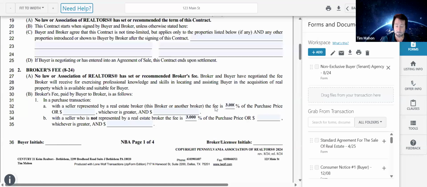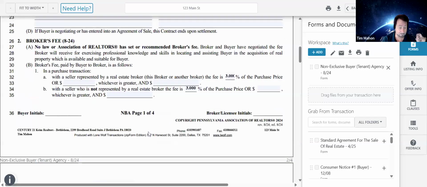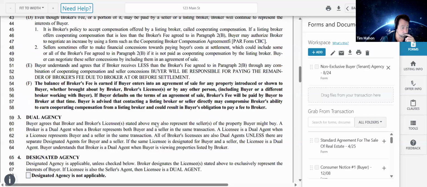Either way, I find it better to do it this way because you're kind of protected from both sides. Okay. I have seen agents, by the way, put 4% in there. And that way it allows them to make sure they're collecting the maximum commission that the seller is offering, and that they have a right to collect an extra fee from their buyer if they want to. I don't do it, but I'm not saying you can't. Okay. All right.